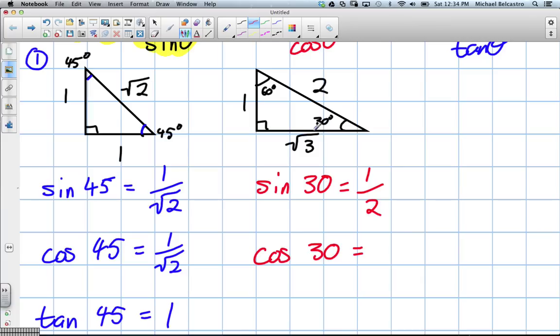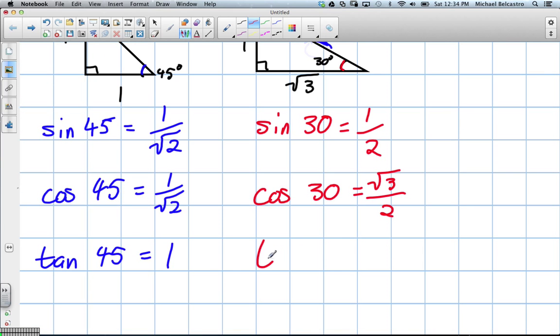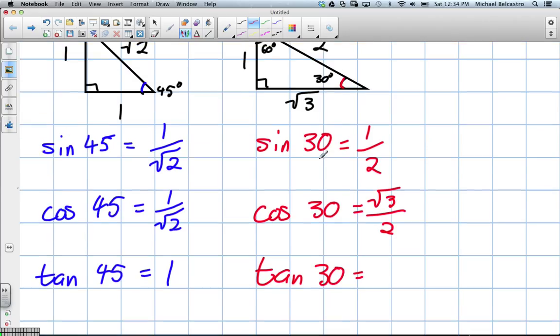It's adjacent over the hypotenuse. Root 3 over what? Over 2, because we're looking at the hypotenuse, right? So you were right for the first one when you said 1 over 2 because that would be the opposite side. This would be hypotenuse. Hypotenuse doesn't change, right? So it's going to be root 3 over 2 in this case. Good. And then our tangent 30 will give us what? 1 over root 3. Ah, good.